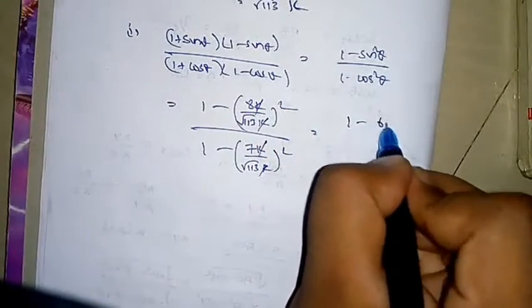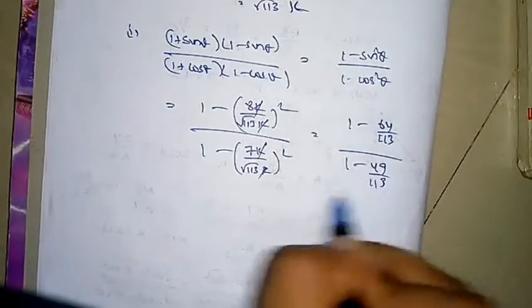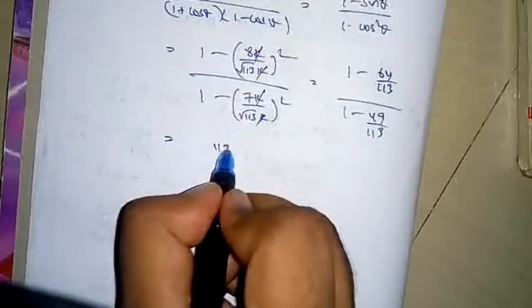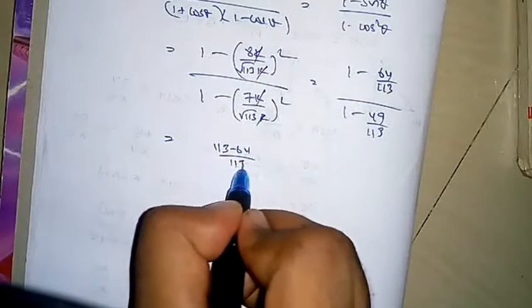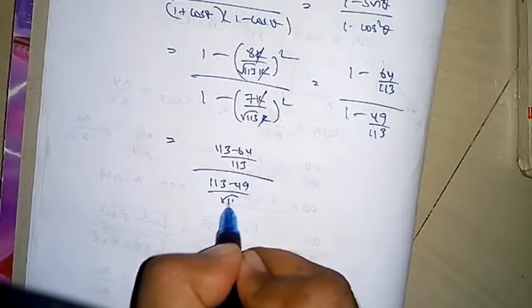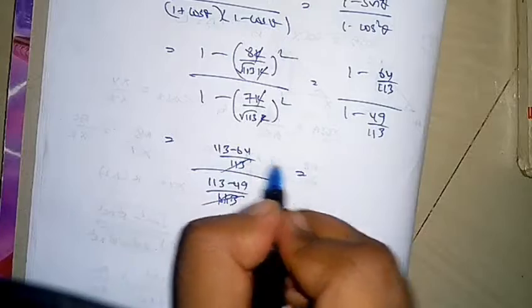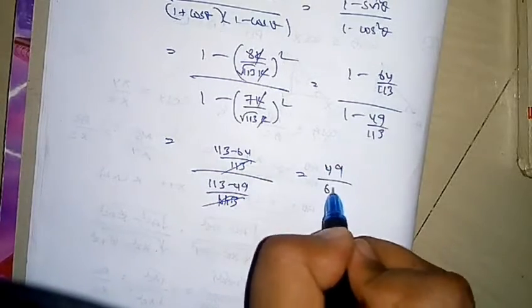It will be 1 minus 64 by 113 by 1 minus 49 by 113. It should be equal to 113 minus 64 by 113 by 113 minus 49 by 113. You can cancel 113 and 113. 113 minus 64 is 49 by 64.